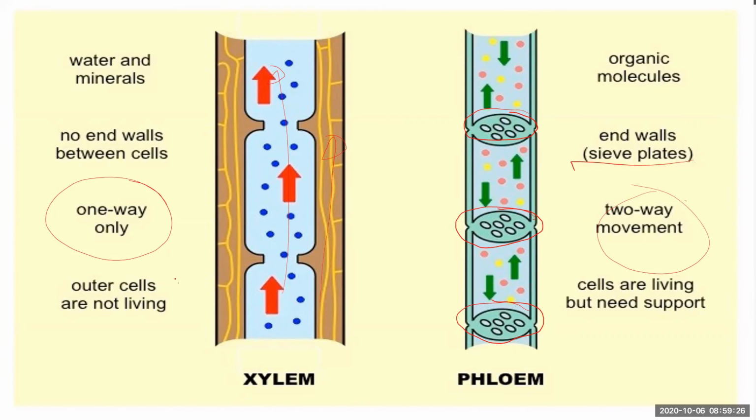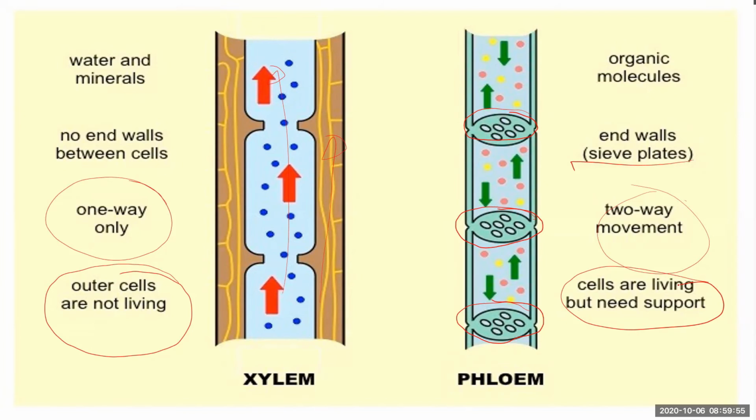Then, for the xylem, their outer cells are not living. For phloem, the cells are living but need support. When we say not living, it means they're not doing the same function of a living organism. Phloem is living but needs support.